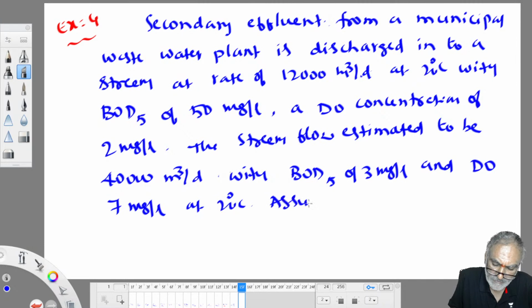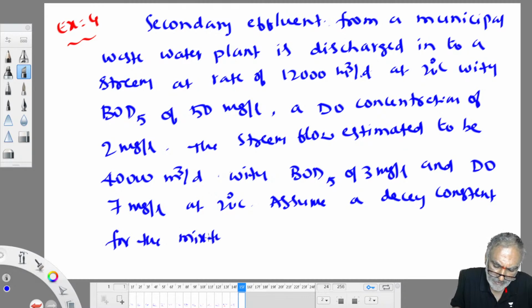Assume a decay constant for the mixture to be K equal to 0.23 per day, to the base e.